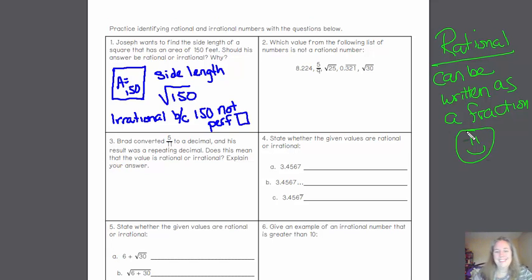Okay, so 8.224, this is 8. This is the tenths place, the hundredths place, the thousandths place. This is 8 and 224 over 1,000. This can be written as a fraction.